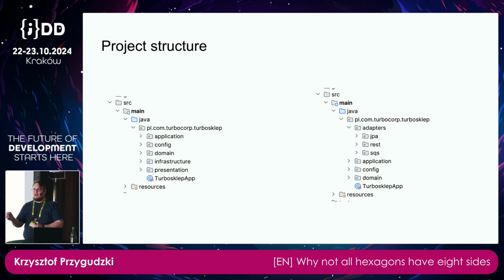So the question now is how these packages to the left map to the packages in the project to the right. And so obviously we have application and domain, and they just map to the application and domain. I mean, there's nothing complex about it, right? It's obvious. But then we have infrastructure and presentation packages, and there's no infrastructure and presentation packages to the right. So how does it map?